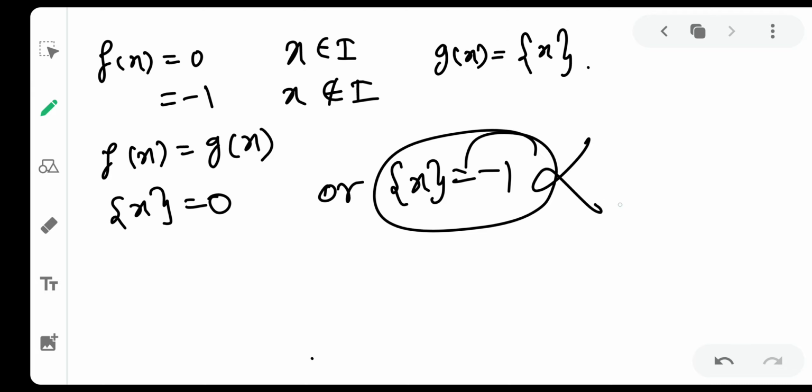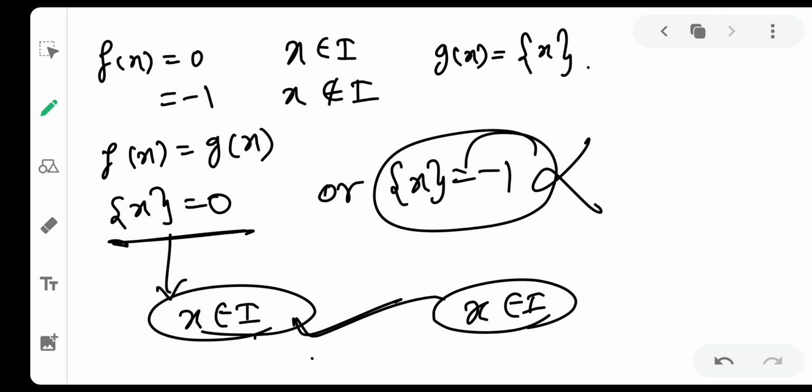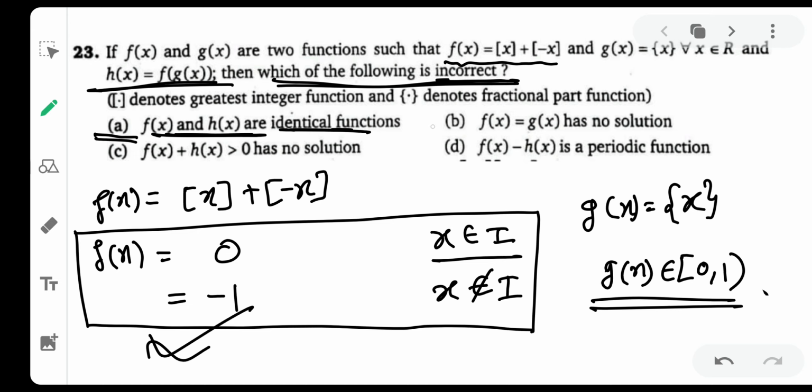Definitely the latter is not possible. The fractional part of x is from 0 to 1, 1 excluded, but the fractional part of x can be 0 when x belongs to integers. So f(x) equal to g(x) has solutions and those solutions are x belonging to integers, and they have said that it has no solutions. So this is an incorrect statement. So our correct option is option B.